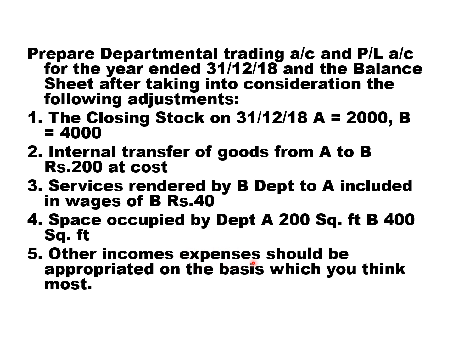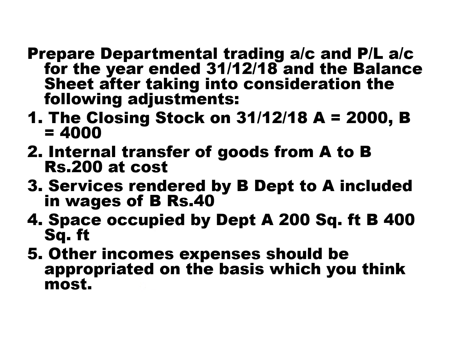Other incomes and expenses should be appropriated on the basis which you think most appropriate. That means as we discussed, advertisement, salary, all this should be distributed in sales ratio. Carriage inward should be distributed in purchase ratio. Discount received, which is an income, credit bracket is given, is to be distributed in purchase ratio.